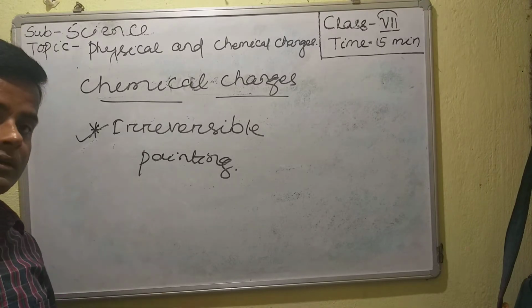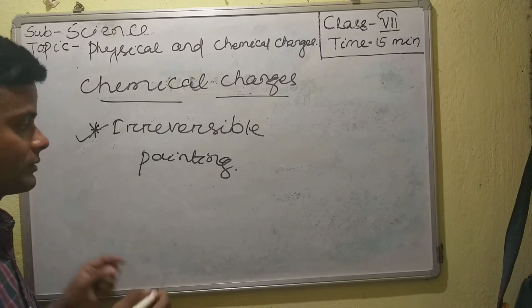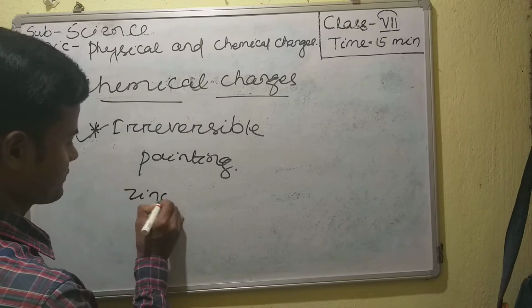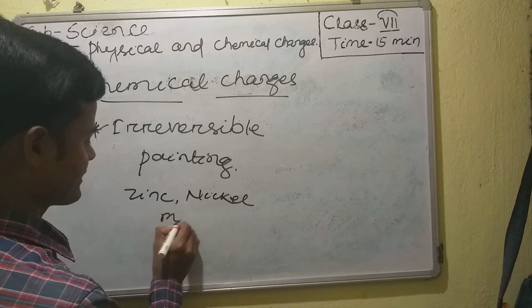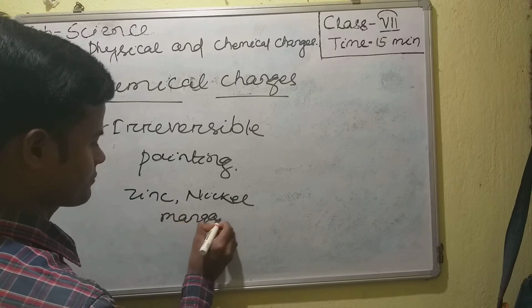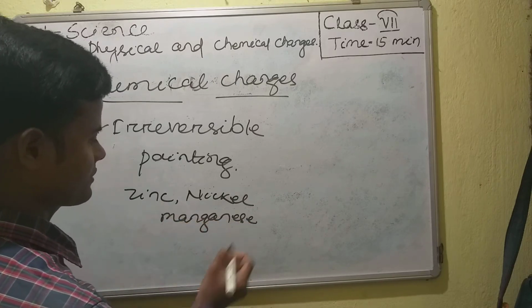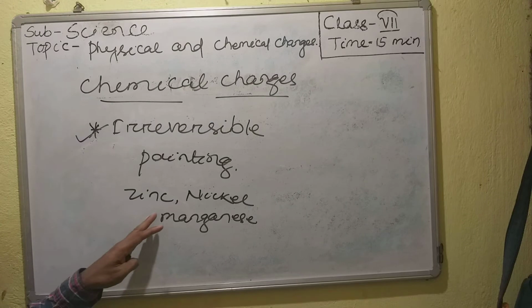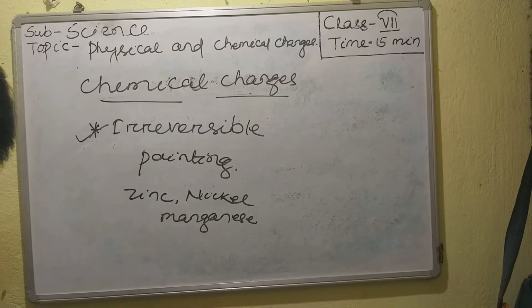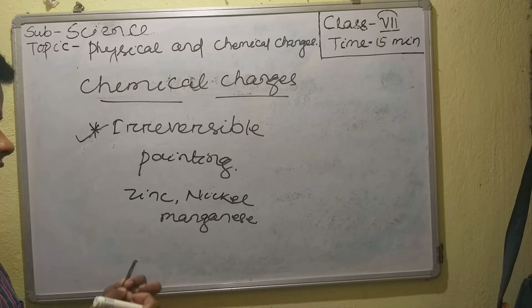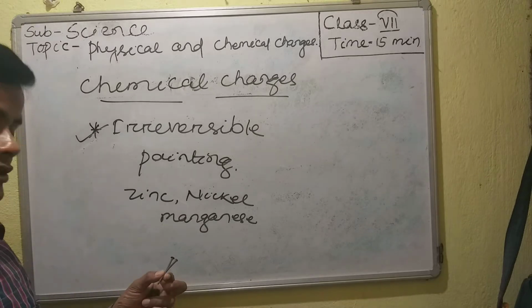But there is another process by which we can prevent rusting. If you coat a layer of metals like zinc, nickel, and manganese on iron articles, then they do not get rusted.